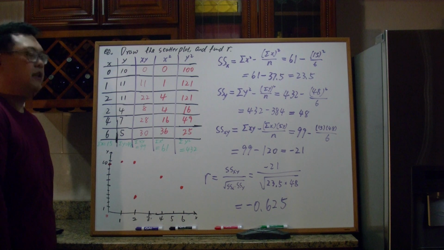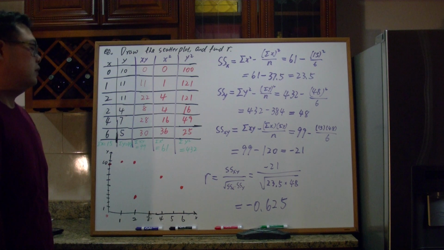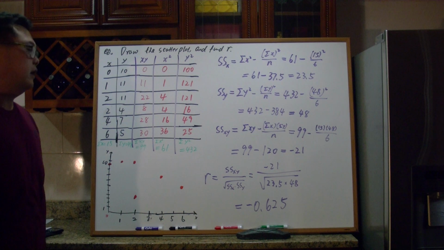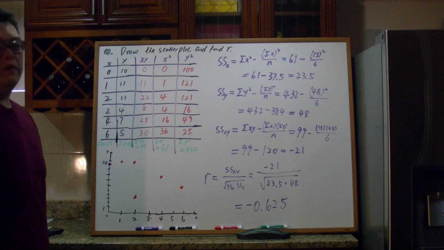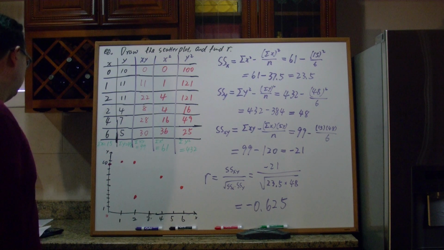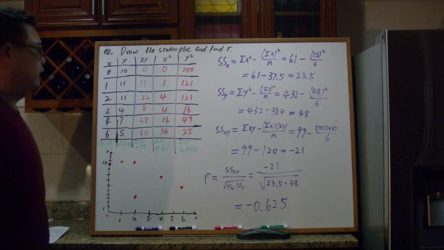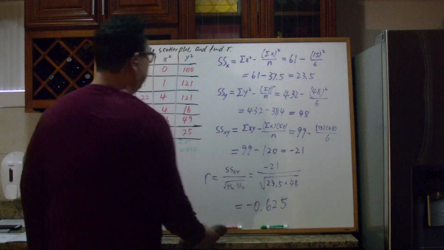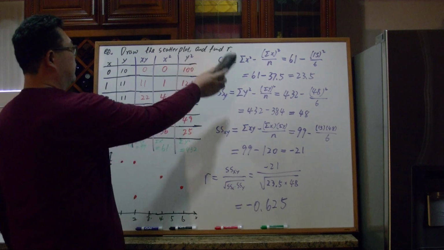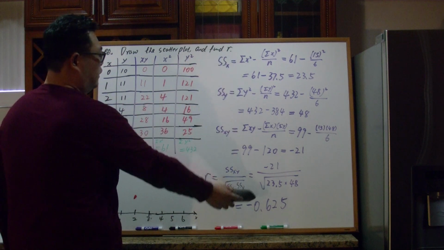Here absolutely means in absolute value it's not large, since we get only 0.6 something. But we're not sure, right? We can make sure when we see a way to compare. But anyhow, that is the full process of how we find our r.